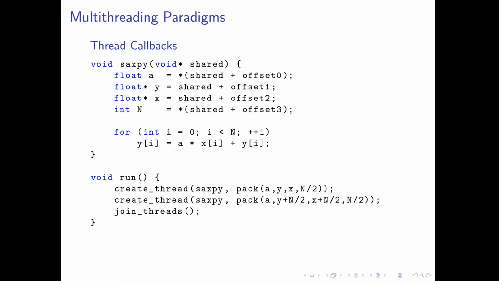Again, the most low-level APIs are based on thread callbacks, and we're again motivating with the Zaxby example from before. The code here shows a multi-threaded program, a program that runs in parallel and executes the Zaxby loop in multiple threads.